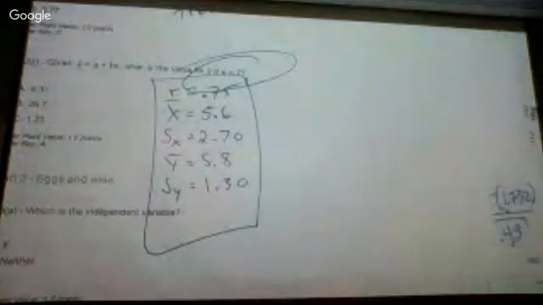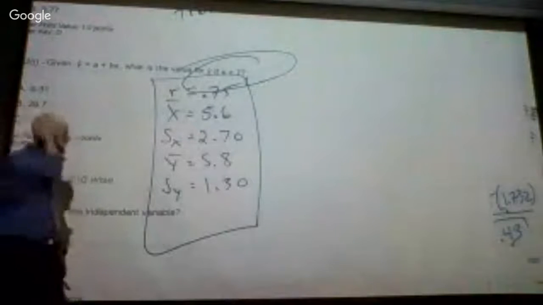And R equals 0.75. With those 5 pieces of information, there's 3 steps you need to follow in order to do the calculation.